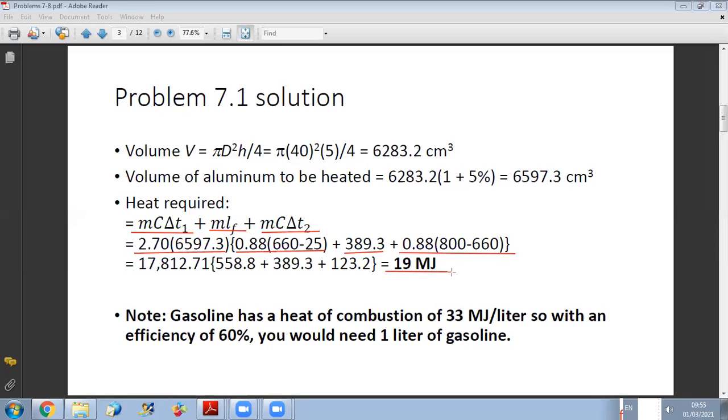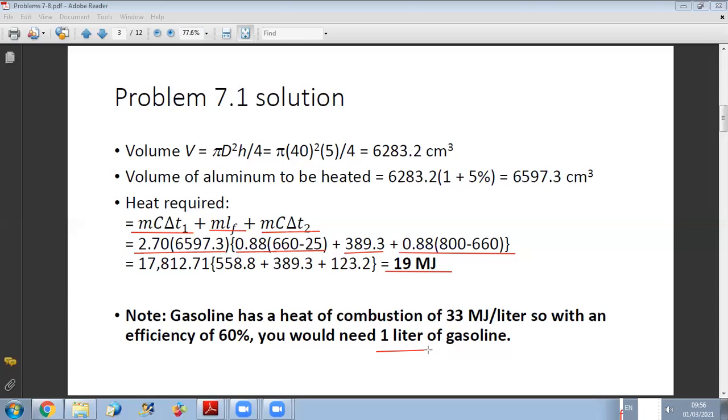And for example, if you want to use a combustion product giving 33 megajoule per liter, with an efficiency of 60%, we need here one complete liter of gasoline in order to provide this quantity, which is really a large amount.